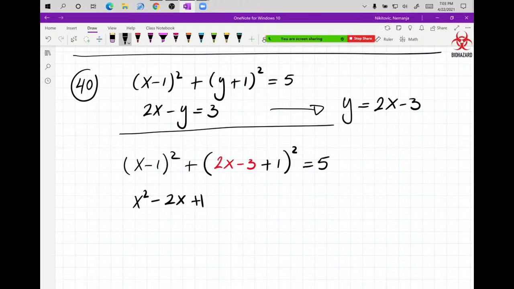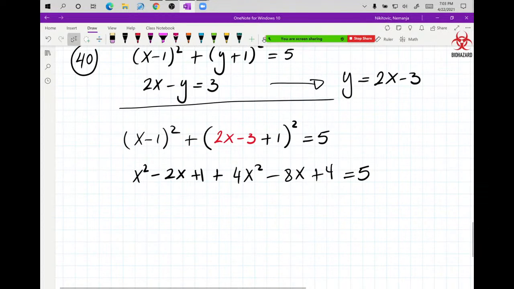Plus. Now we have 2x minus 2. So that's going to be 4x squared. And then because it's 2x minus 2, 2 times 2 is 4 times 2 is 8, so minus 8x. And then plus 4 at the end equals 5. Now if you don't believe me that this is the way, just multiply it on the side.